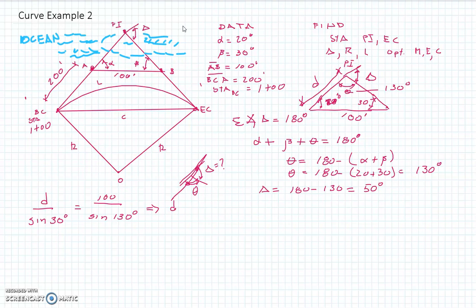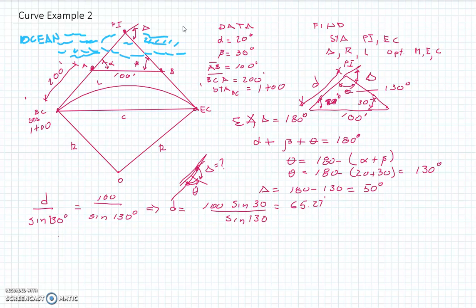That means D is equal to 100 sine of 30 divided by sine of 130 degrees, and this is equal to 65.27 feet. So now I know the distance from here to here is 65 feet.